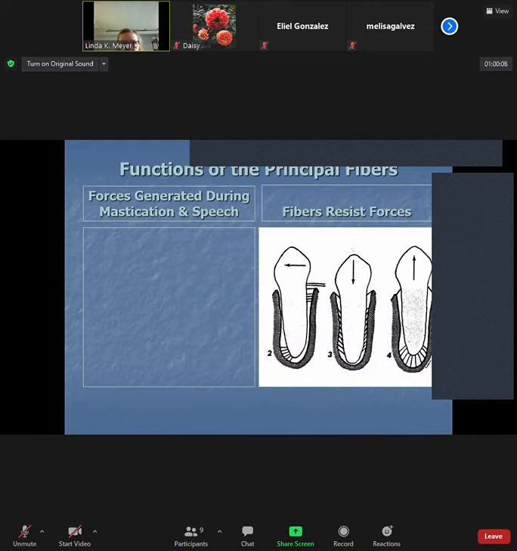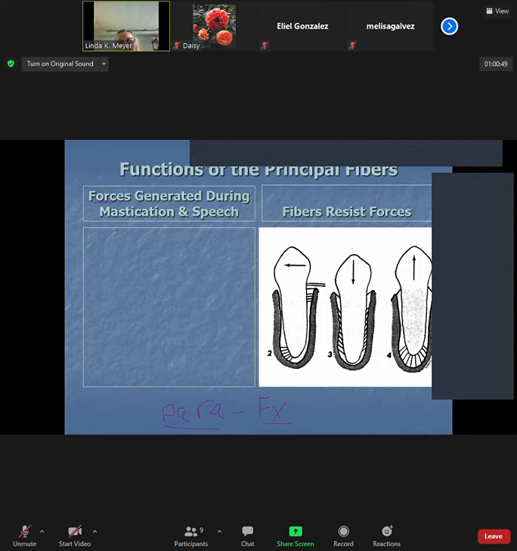During speech and mastication, as well as what we call parafunctional habits, such as when patients grind or clench their teeth, which are not the intended function of the teeth in occlusion, there are forces acting on the periodontium.